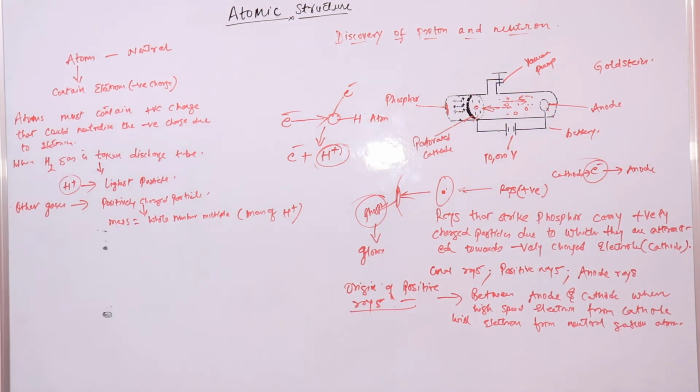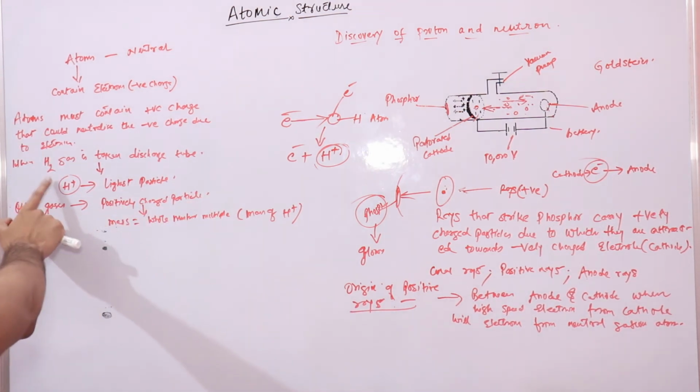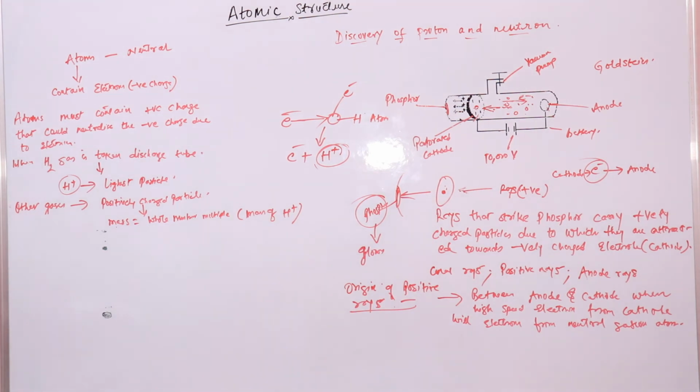So now we reach one conclusion after this observation: since we said that any other gas consists of clusters of these hydrogen ions, the positively charged particles obtained from hydrogen gas seem to be the fundamental particle, and this particle is named proton.